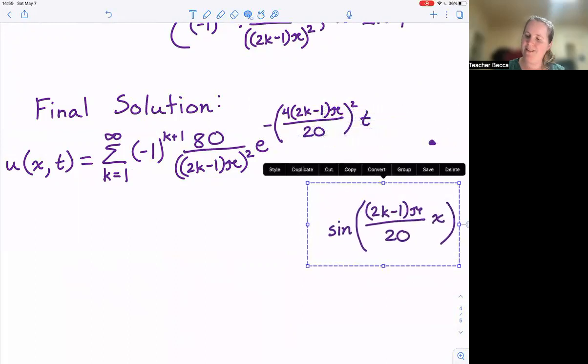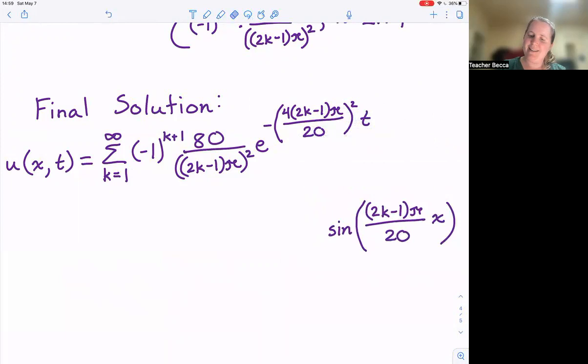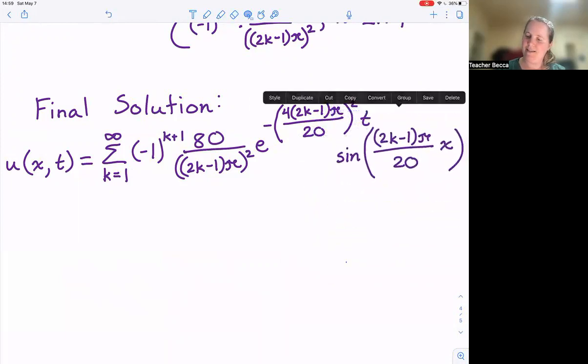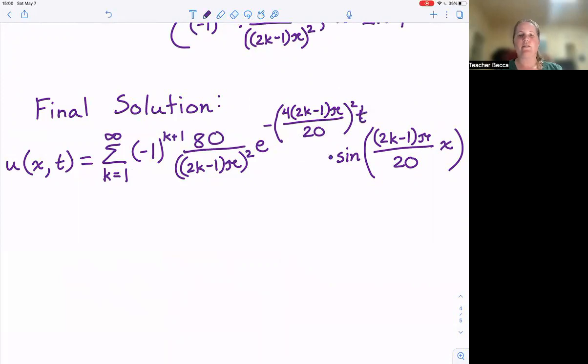Sort of. The exponent kind of wound up hovering over the sine. But as a general idea, you can kind of see what we wind up with as our final answer.